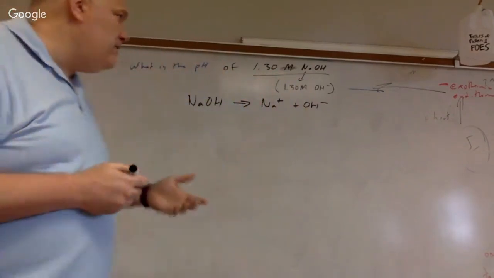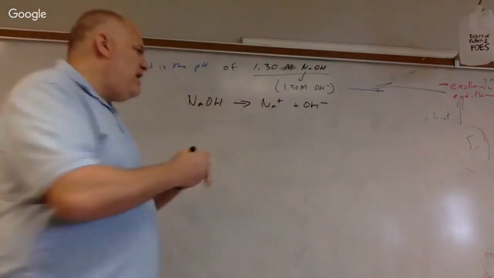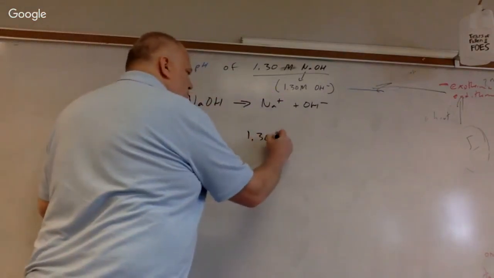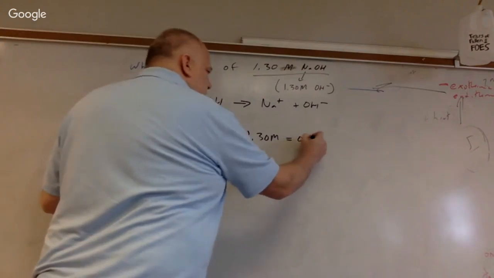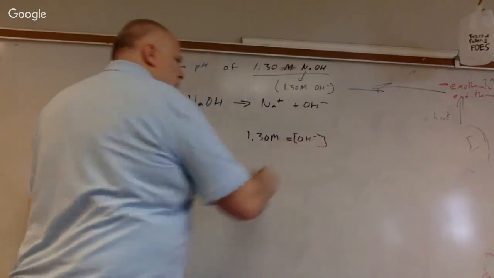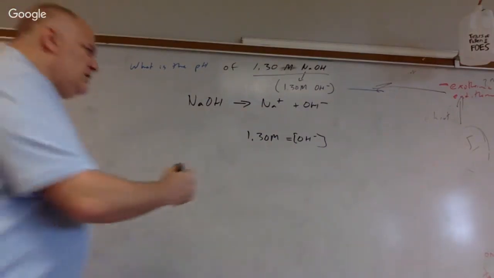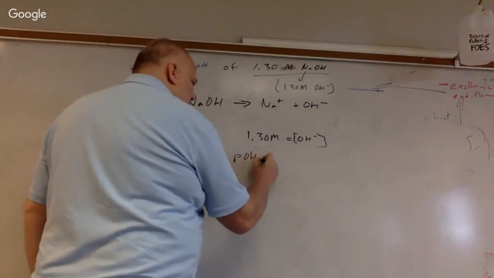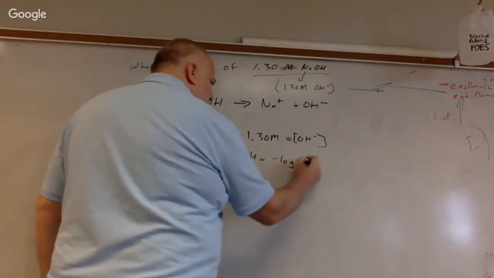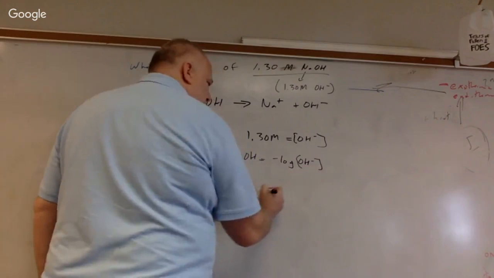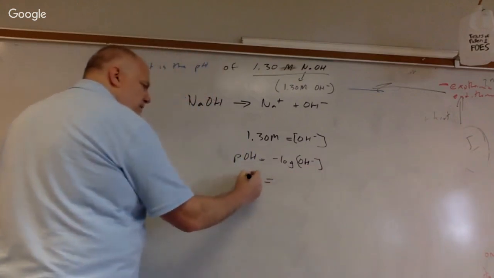So in this case right here, let's do this together. If I know that I have 1.30 molar OH minus concentration, which way do you want to do? Do you want to divide into 1.0 or do you want to take the negative log of it? Negative log. So let's go pOH, and wouldn't that be equal to negative log of my OH minus concentration? And if I did that, what am I going to end up for my pOH?